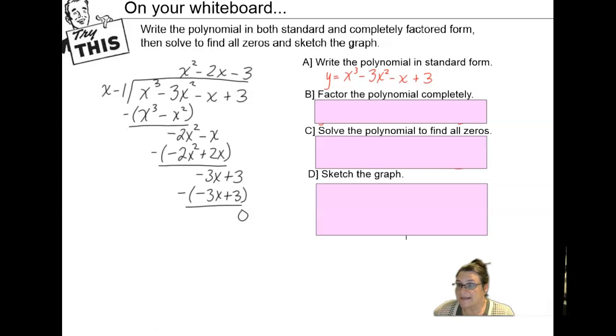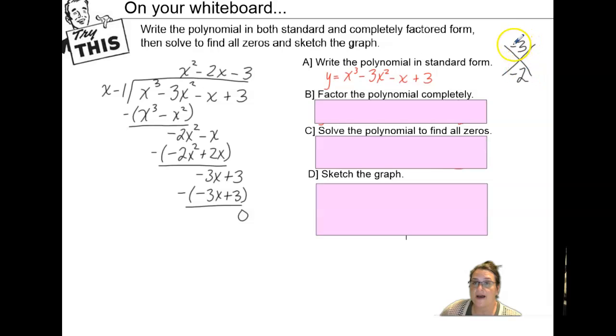So to review from Algebra 2, if I want to factor x squared minus 2x minus 3, one of the ways you can do that is with a crisscross, and we put the constant in the top and then the linear term in the bottom.